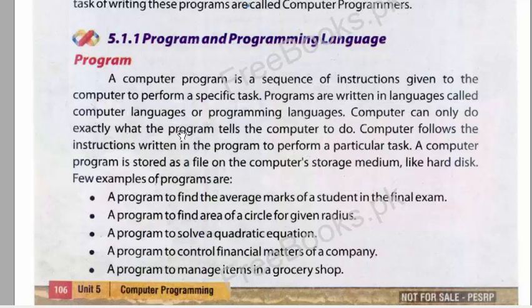A computer can only do exactly what the programs tell it to. It follows the instructions written in the program to perform a particular task. Like in a calculator, if you press the addition symbol, it will sum the two values, right? But if you use the asterisk symbol, it will multiply the values.